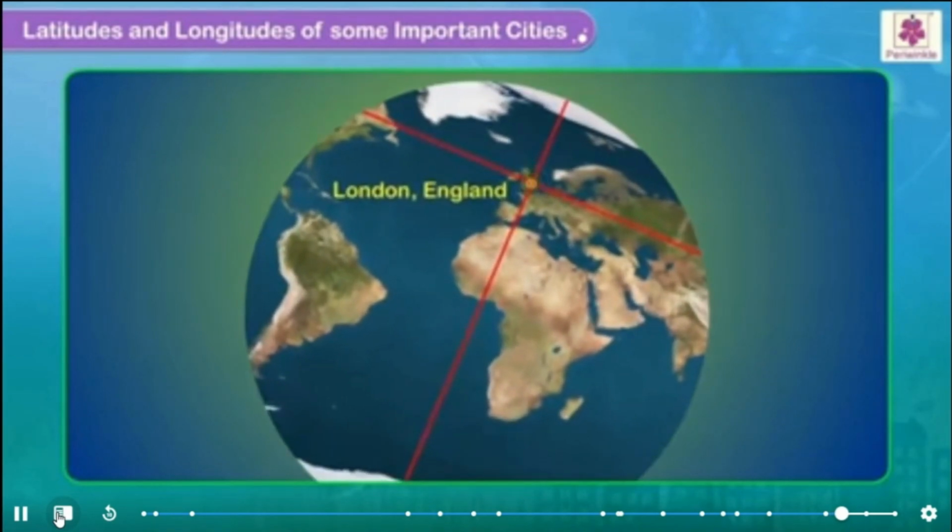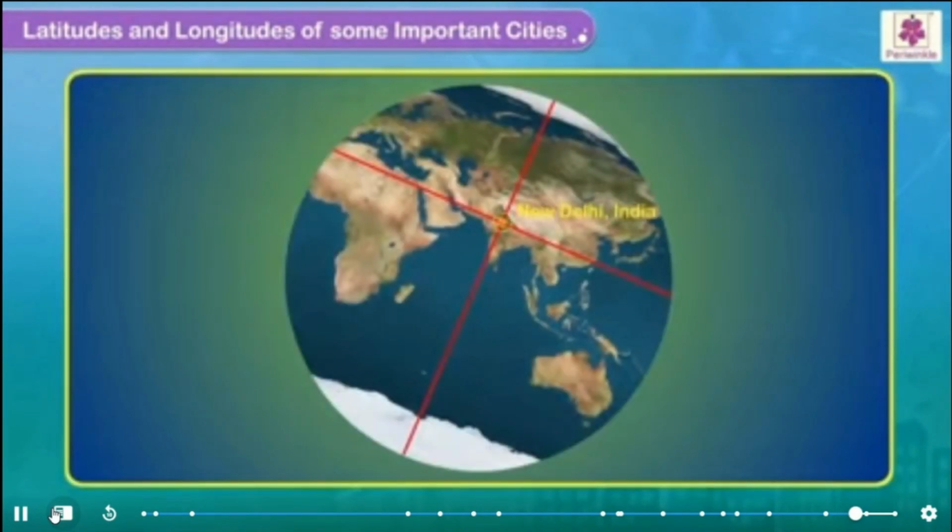London, England, 51 degrees 32 minutes north, 0 degree 5 minutes west. New Delhi, India, 28 degrees 35 minutes north, 77 degrees 12 minutes east.